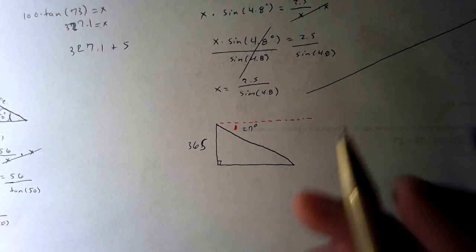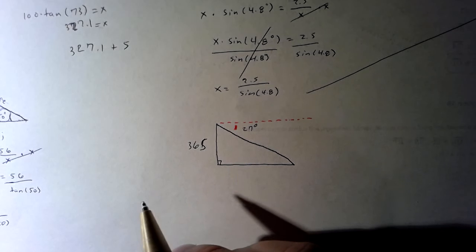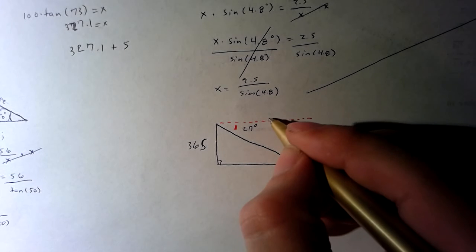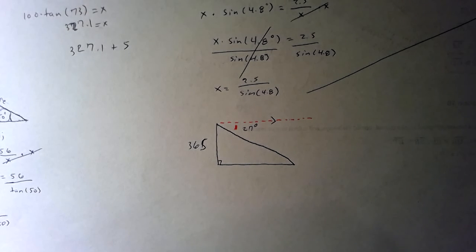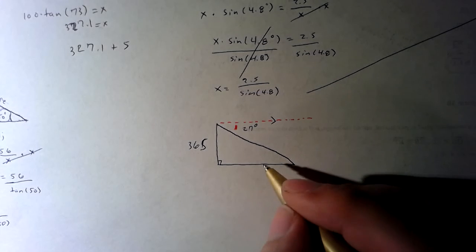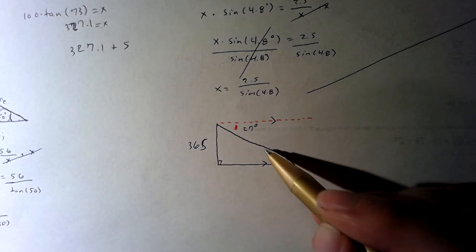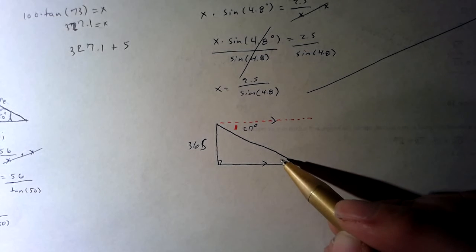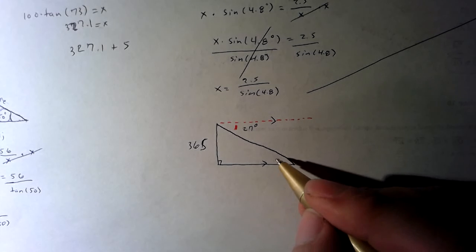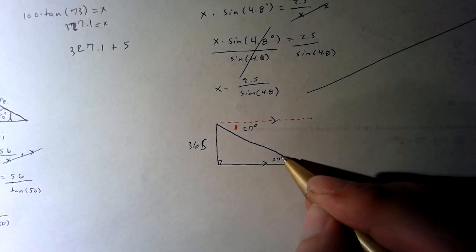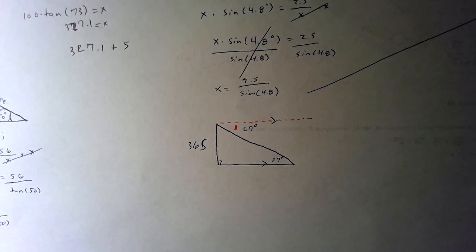Well, if we go back to one of the previous modules on parallel lines and transversals, we know that this angle here and the angle down here are alternate interior angles. It means this angle is 27 degrees.